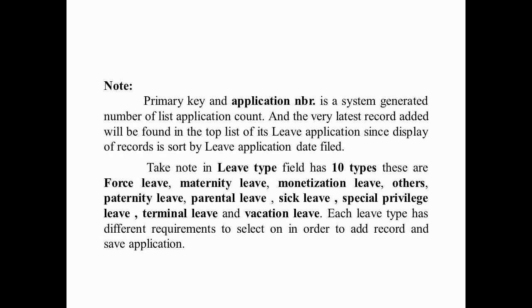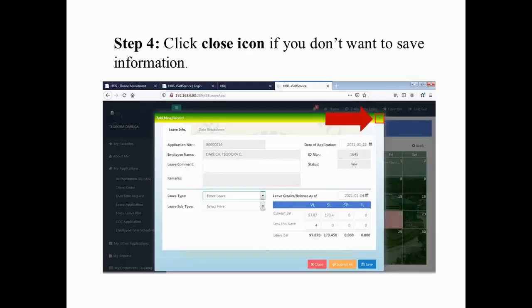The leave type field has 10 types: forced leave, maternity leave, monetization leave, others, paternity leave, parental leave, sick leave, special privilege leave, terminal leave, and vacation leave. Each leave type has different requirements to select in order to add a record and save the application.